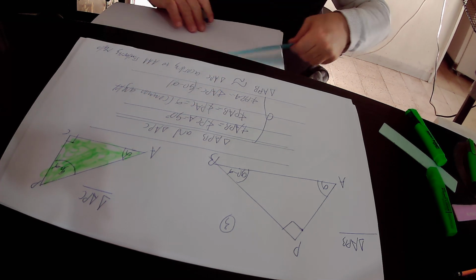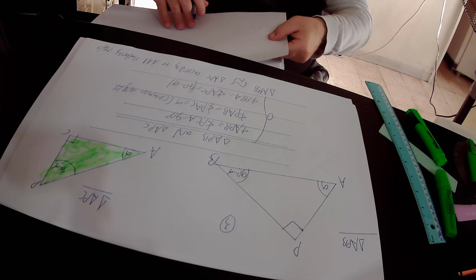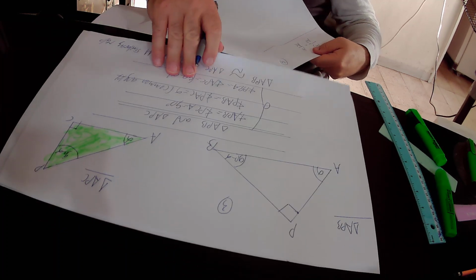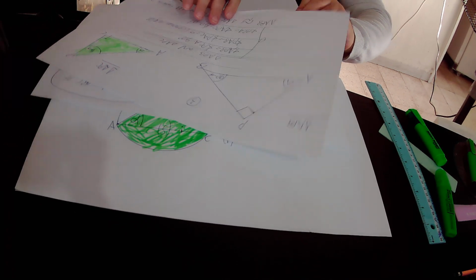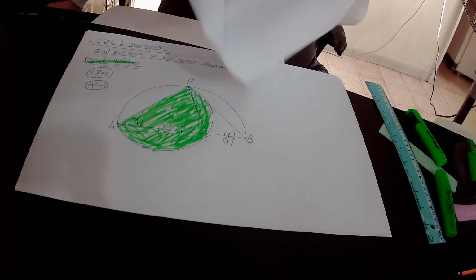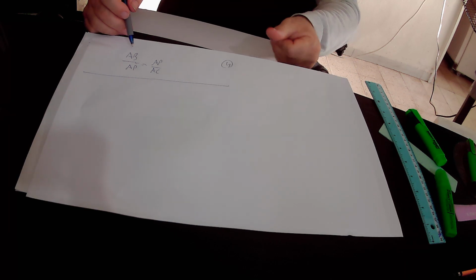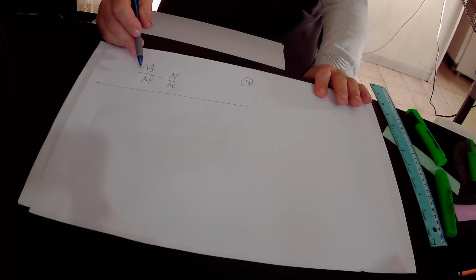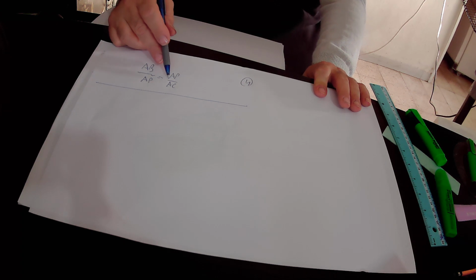Repeat again: side AB in the right triangle over side AP in the green triangle equals side AP in the white triangle over side AC in the green triangle.